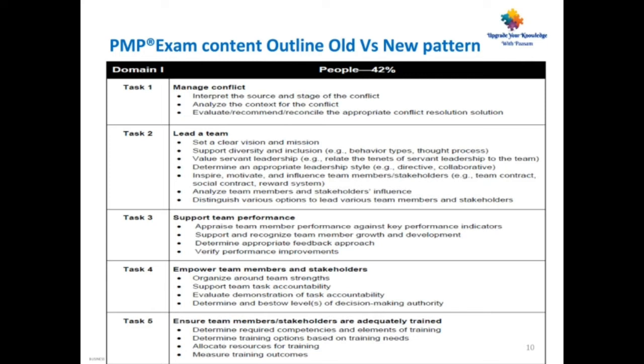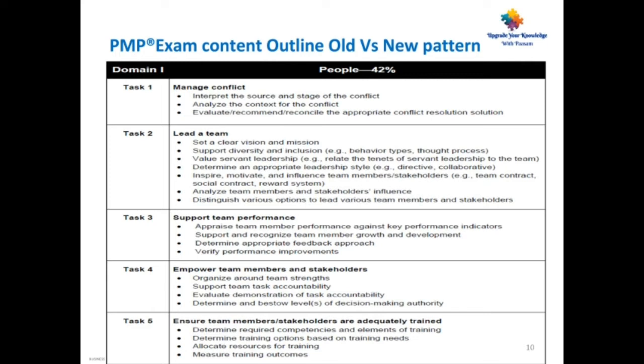That's what I explained during the monitoring and controlling stage, as well as the executing stage, where it is mostly about managing the people and communications. In the old pattern it is the same thing. They've consolidated the domain as people, and the task is explained as it comes under lead a team.